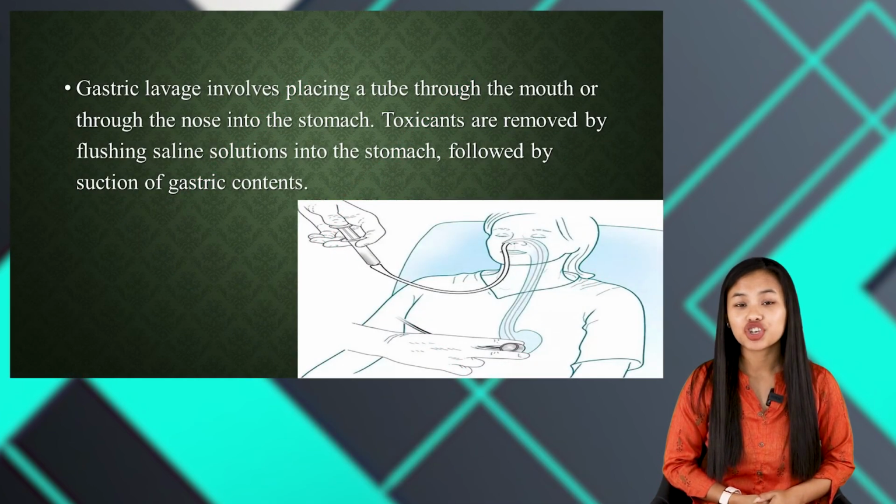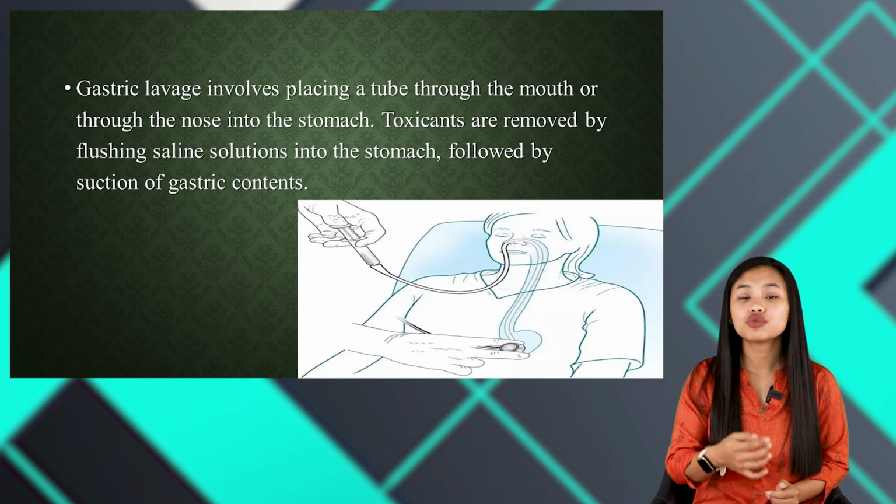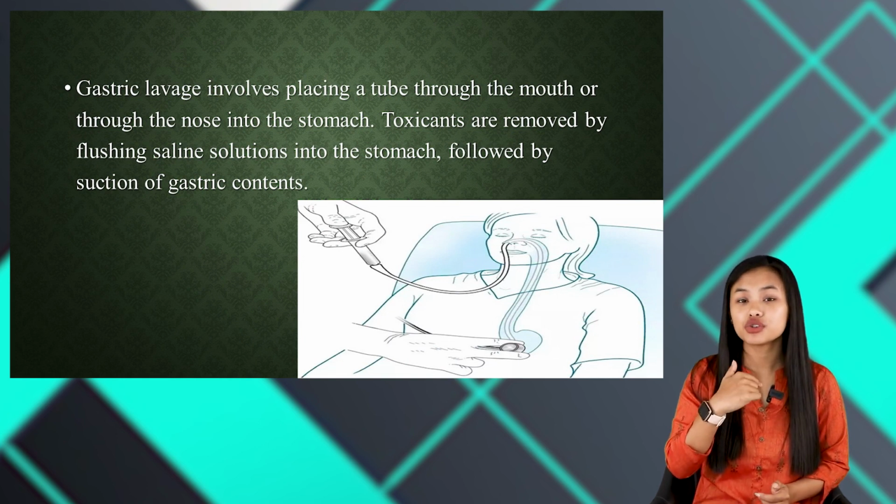Since I've also said that this can be done through the use of a nasogastric tube or a stomach tube, whenever you encounter any patient who does not have a nasogastric tube in place, the physician will then order the insertion of an appropriate tube. This gastric lavage can be done by placing a tube through the nose or through the mouth into the stomach.